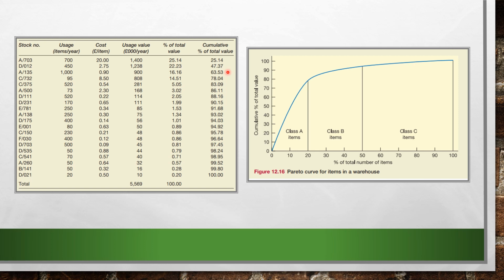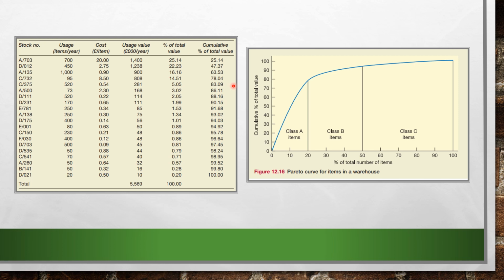So the wholesaler classified the first four parts, A703, D012, A135, and C732, as Class A items, and of course they need to monitor them because all in all, they are 78% of the total value of the inventory.